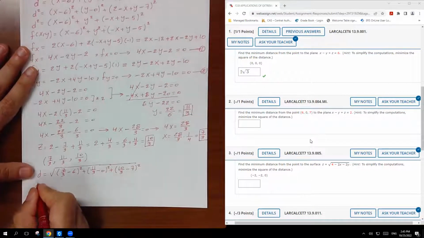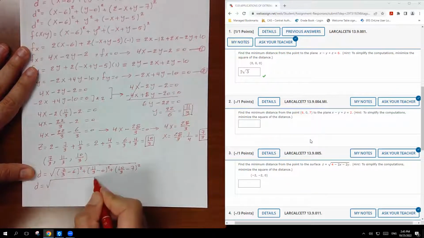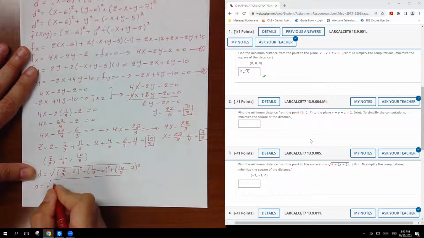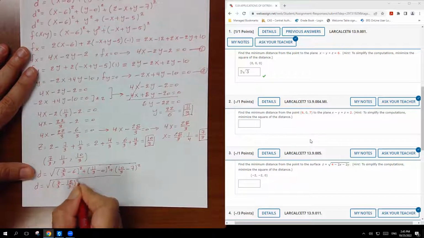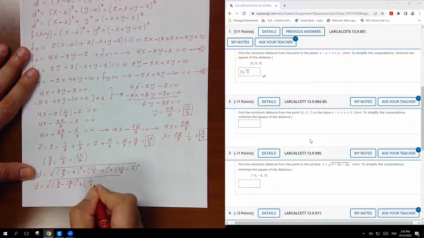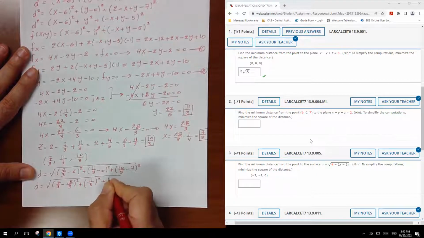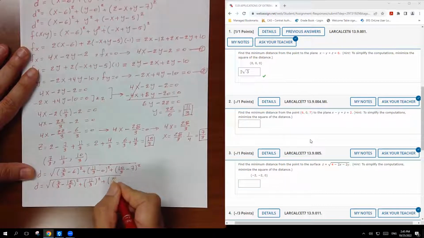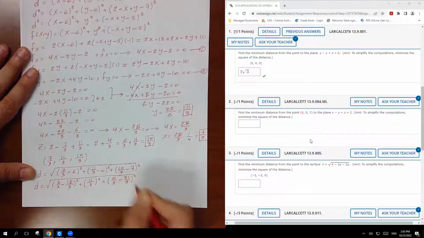Combine the like terms, find the common denominator. So here it is going to be 7 over 3 minus 18 over 3, squared, plus 11 over 3 squared, plus 10 over 3 minus 21 over 3, squared.